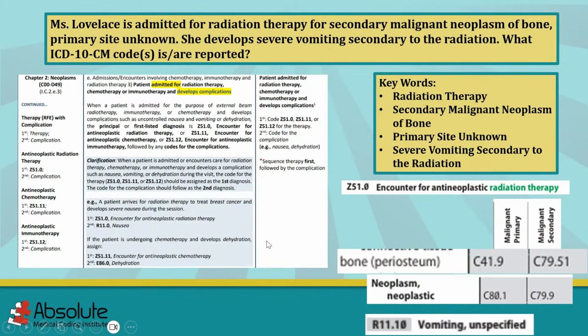All right, does that make sense? I know that a lot of people were really awesome as far as coding the malignancy and how you sequenced that. I know we just weren't focusing on the vomiting, but you were on the right track, and that was really awesome.